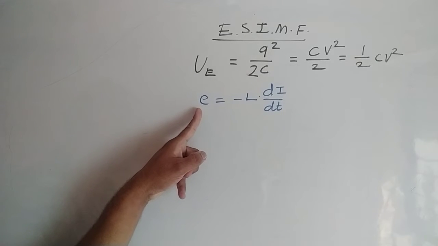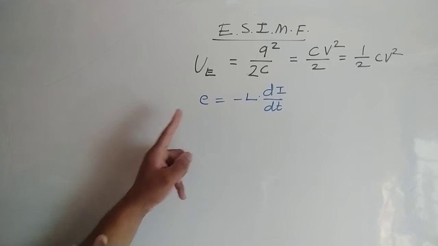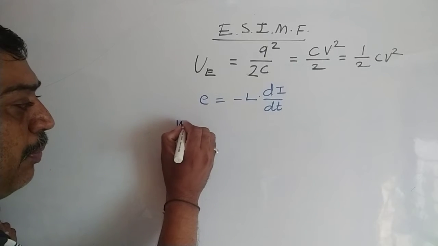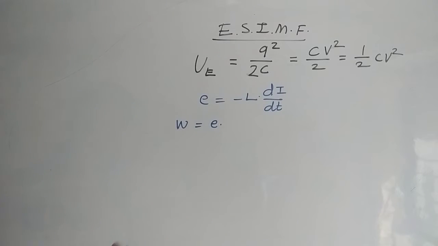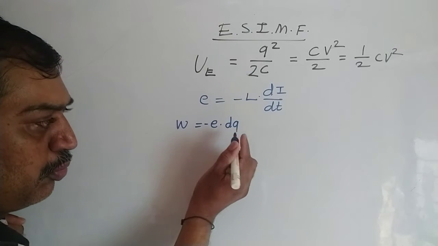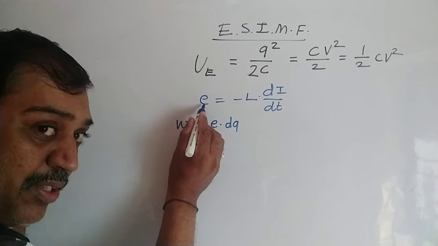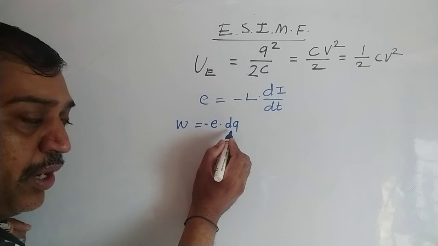Suppose I want to move the charge dq by a small amount in this EMF. We have to apply some work, and that work done is W equal to the induced EMF with a negative sign into the charge to be moved, that is minus E into dq.